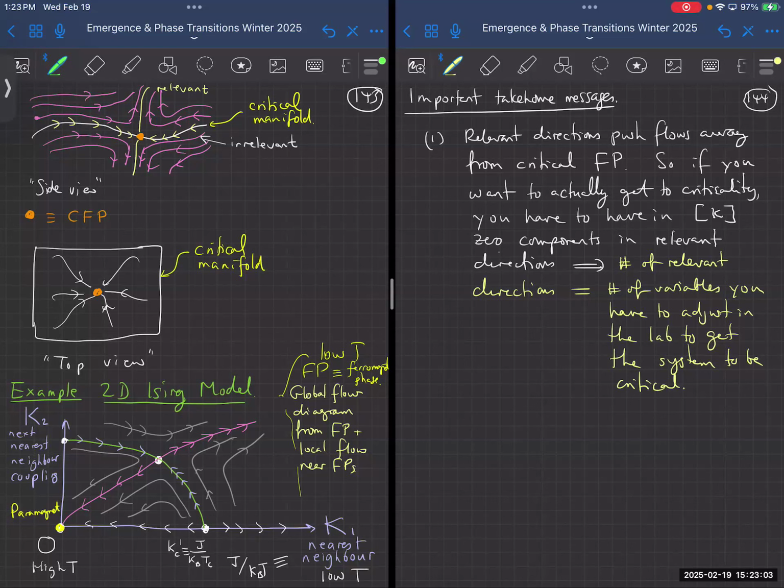That's a very important thing. This tells you that these relevant variables have a physical meaning. And notice that these relevant directions are associated with a particular fixed point.